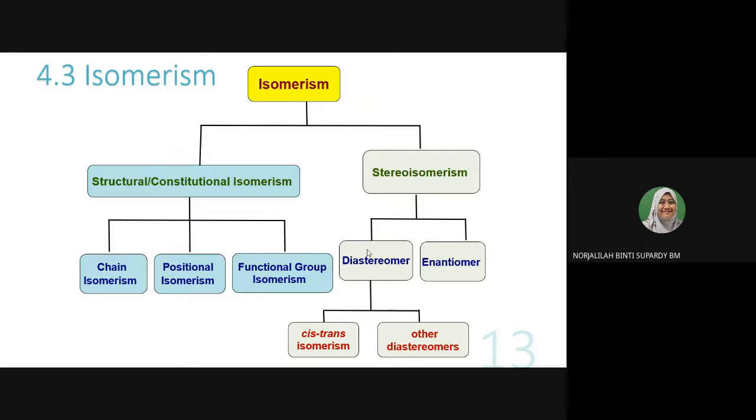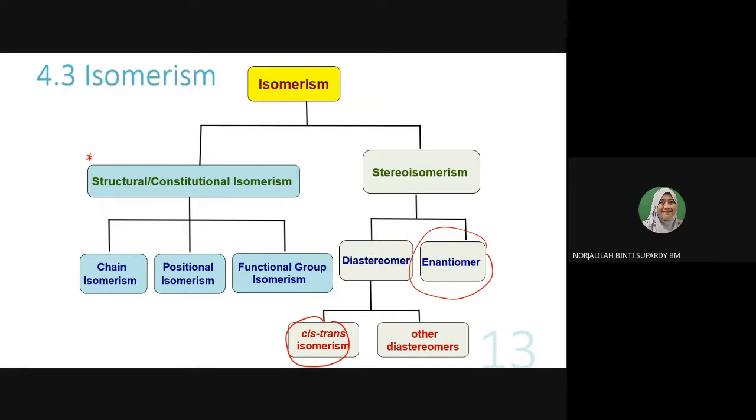Okay, so in your syllabus, we will only learn about the constitutional isomers, all of these. And also for the stereoisomers, you will learn about cis-trans isomerism and enantiomer only.